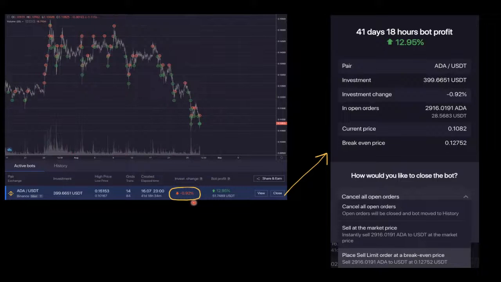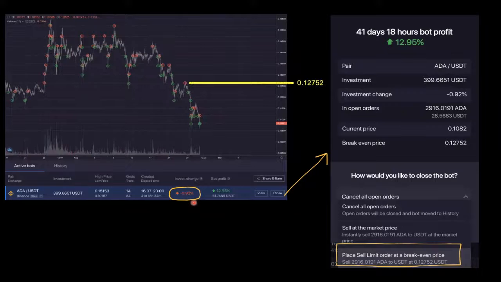So you don't have a loss nor a profit. That's a zero sum, and that's known as a break-even exit. The system in this case automatically calculates the price which the market should reach so that your investment change from 0.92 of negative value becomes just 0.